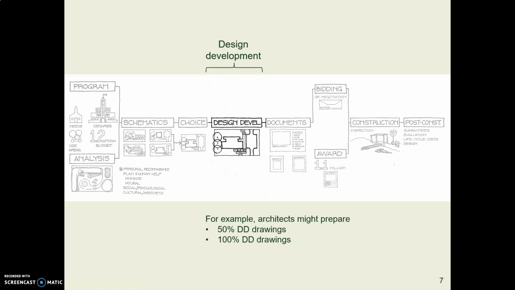Then the designer goes into design development, and this stage might take a year, a year and a half, might be shorter. And at each stage in the development of the design, they get a little bit more precise, a little bit more focused in, and at some point, the design is complete. It is 100% design development.